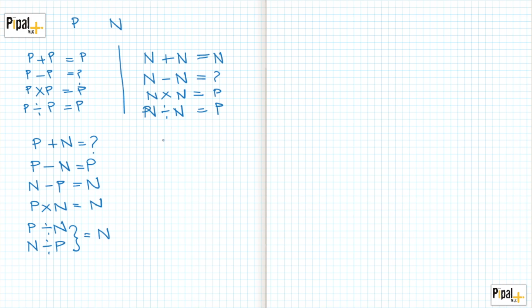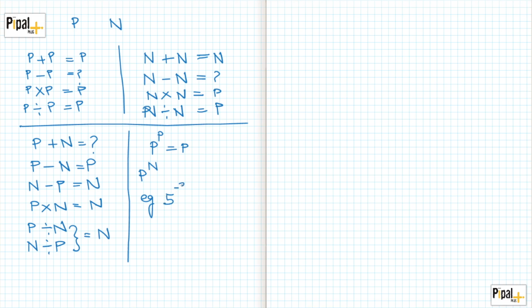Now let's look at powers of positives and negatives. If we have a positive number whose power is another positive number, the answer is going to be positive. This is not a problem to imagine. But what happens when the power of a positive number is a negative number? Let's take the example of 5 to the power minus 3.